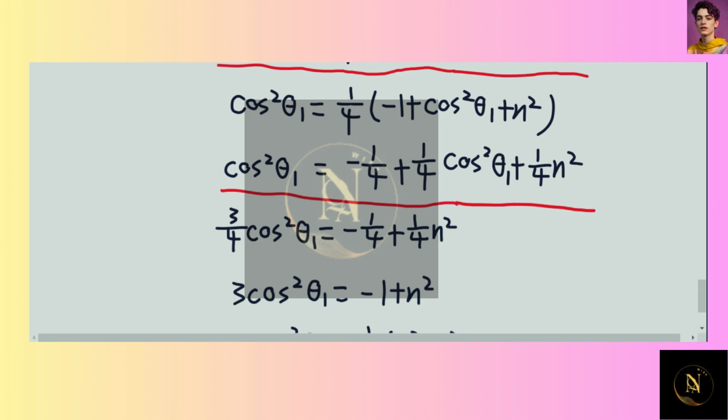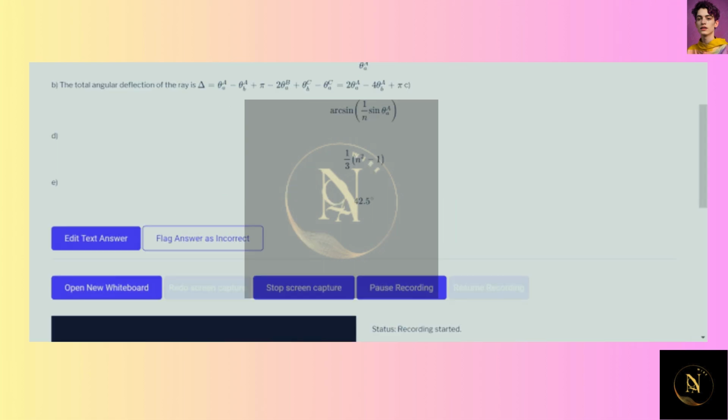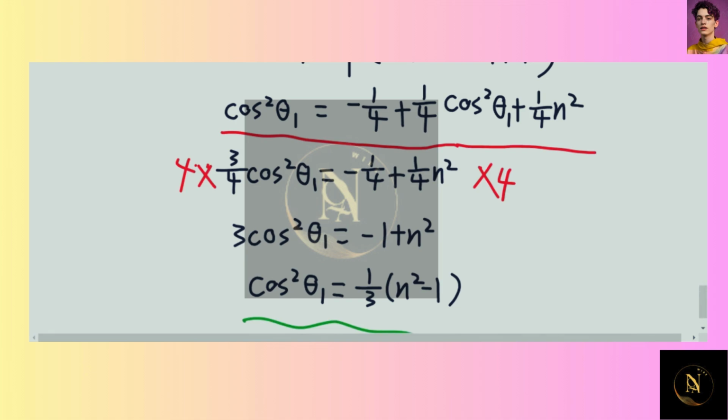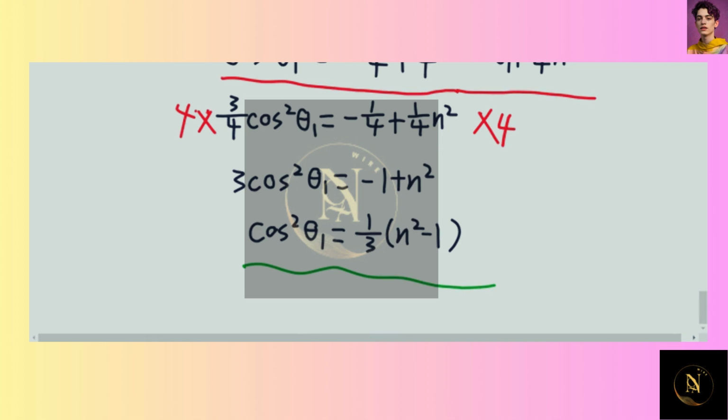As you can tell, we can multiply by 4 on each side. And this will give us 3 cosine square theta 1 is equal to negative 1 plus n square. So eventually you have cosine square theta 1 is equal to 1/3 times n square minus 1.